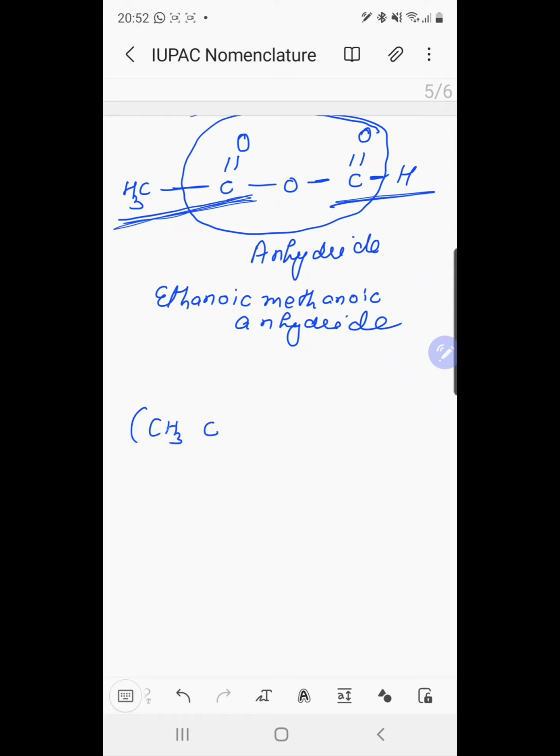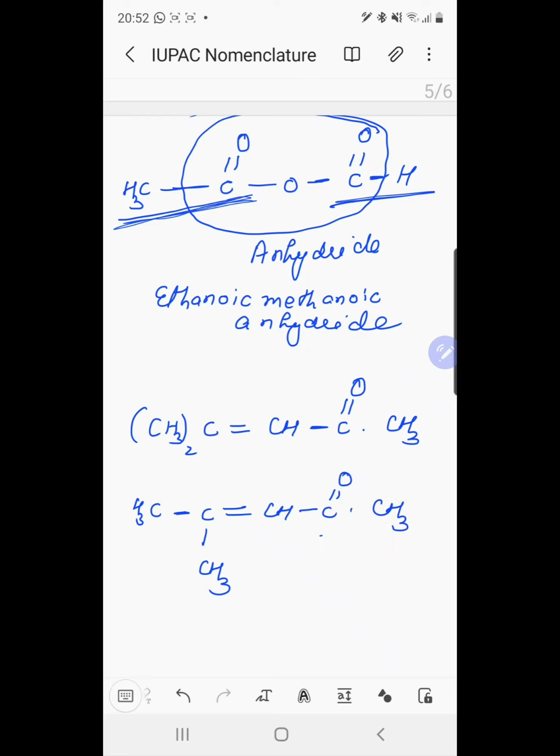Now one more example. CH3, double bond, CH3. First we'll open up this compound. This is CH3, double bond, CH3. So we will give preference to this functional group. In this case the numbering will start from this end: 1, 2, 3, 4, 5.